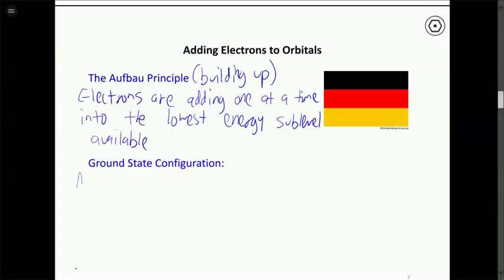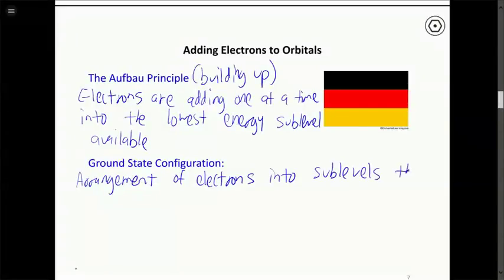So the ground state configuration is the arrangement of electrons into sublevels. We're partitioning the electrons into different sublevels. Depending on how many electrons there are, we're going to have different numbers of sublevels that are filled or partially filled. And we want to find the arrangement that has the lowest possible energy.